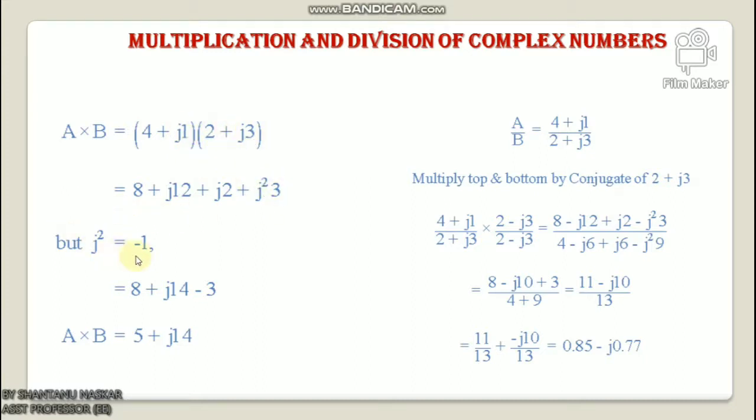But we know that j squared equals minus 1, so this is minus 3. So this becomes 8 plus j12 and j2 is j14, so 8 plus j14 and minus 3. Very easy. So what becomes a into b? 8 minus 3, 5, so 5 plus j14.